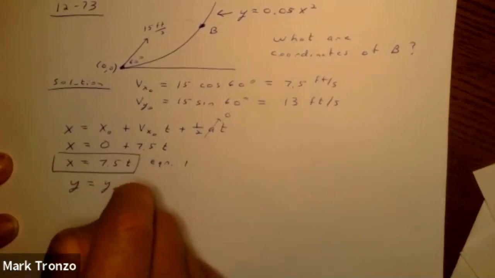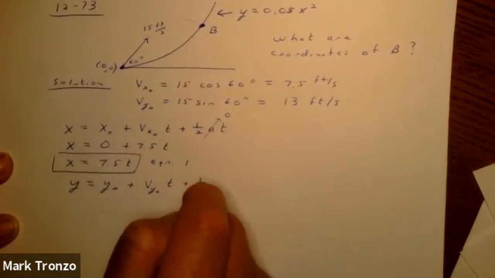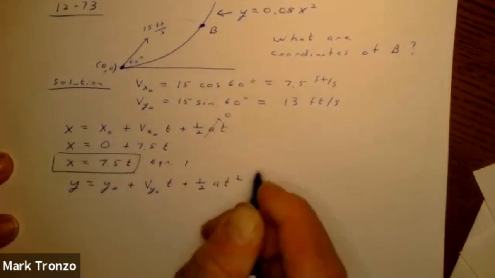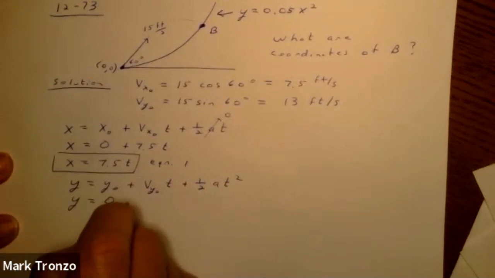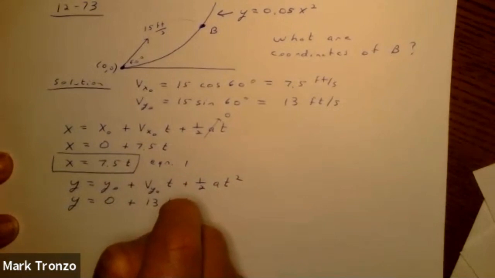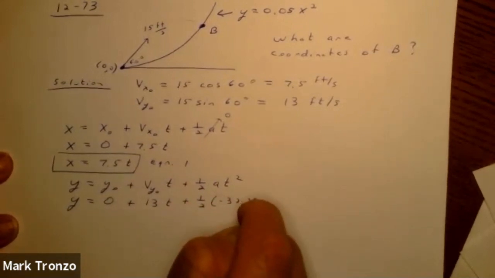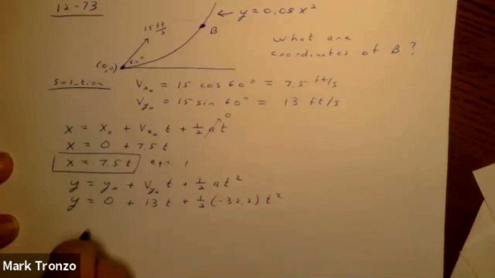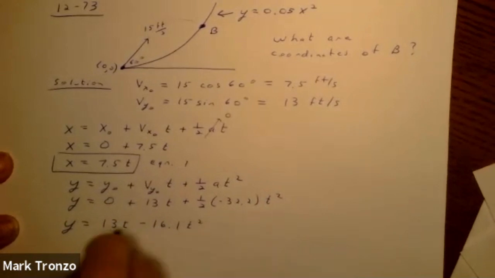Y equals y naught plus vy naught t plus 1/2 a t squared. Again, we're starting at 0, plus 13t plus 1/2, we're working in English units, 32.2 t squared. And we multiply this out. Y equals 13t minus 16.1 t squared.